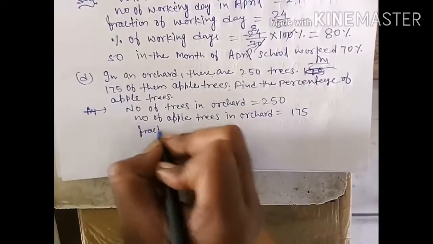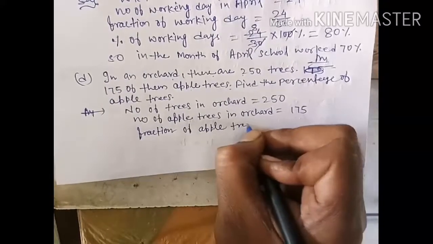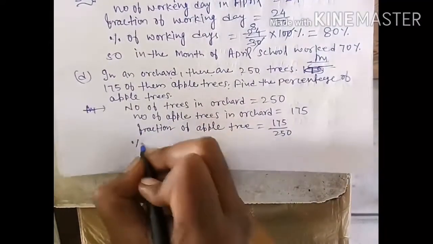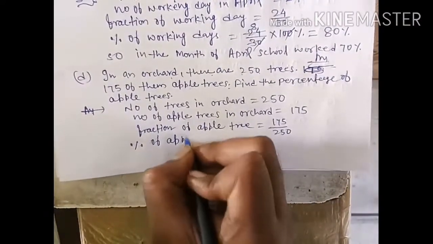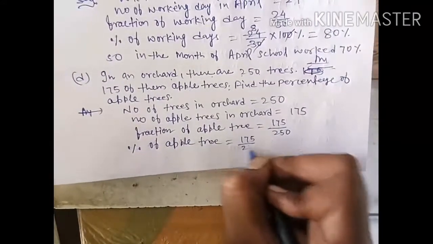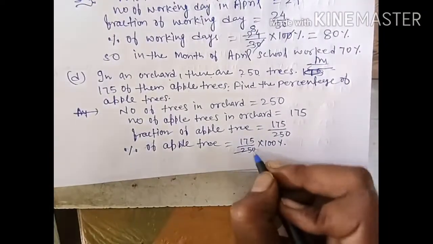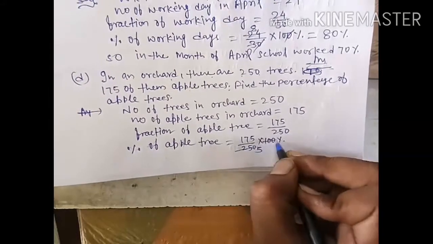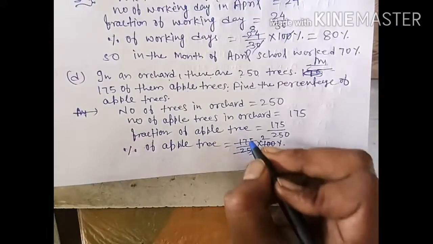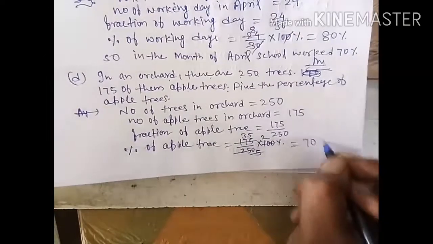Fraction of apple trees is equal to 175 by 250. Now percentage of apple trees is equal to 175 by 250 into 100%. So 250 cancels with 50 by 5 times and cancels with 100 by 2 times. Again 5 cancels with 175, 35 times. So you get 35 into 2, that is 70%.